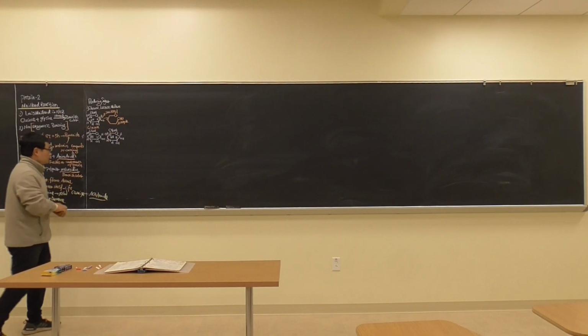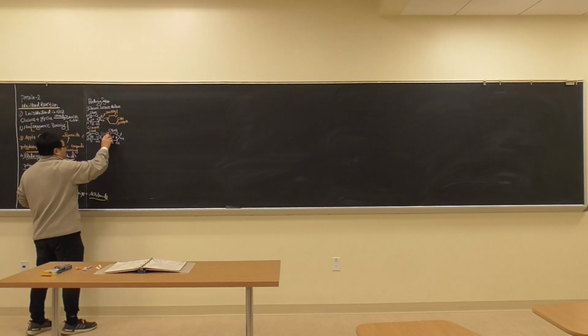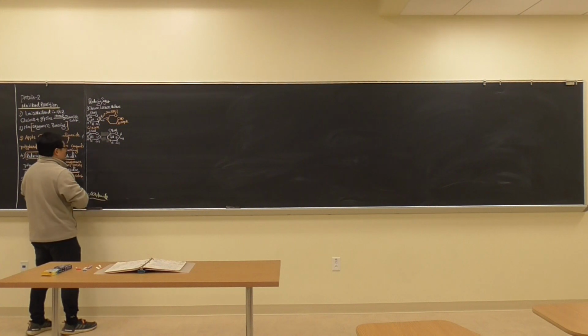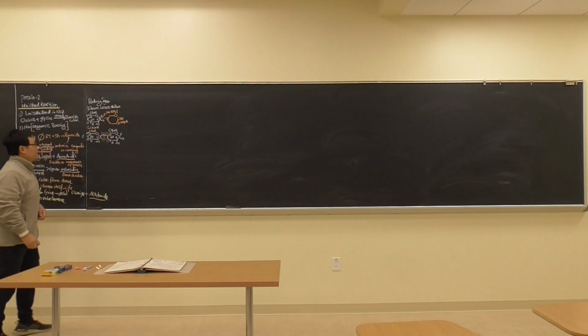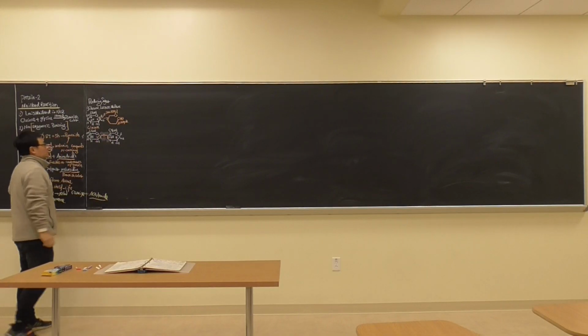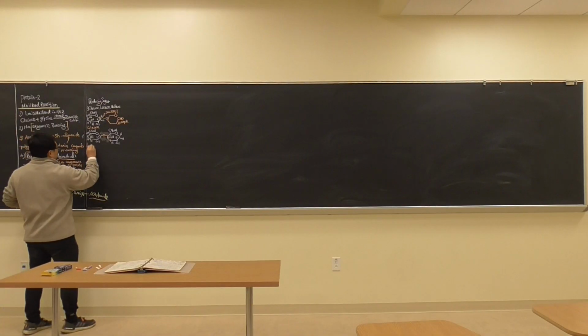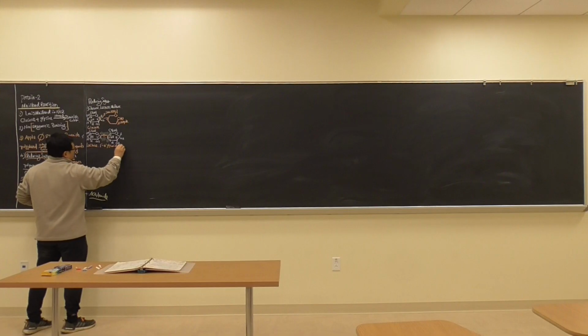So how are they connected? Right here they are connected with an O. This is 1 prime, this is 4 prime. So for lactose, the connection is a 1 prime, 4 prime glycosidic bond.